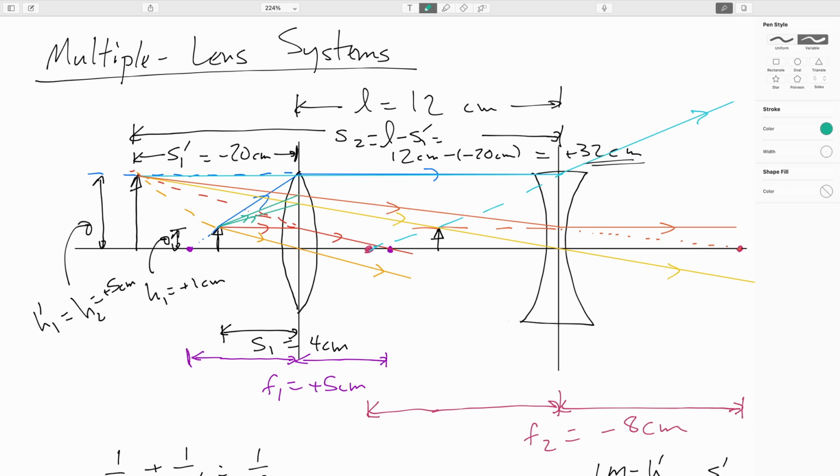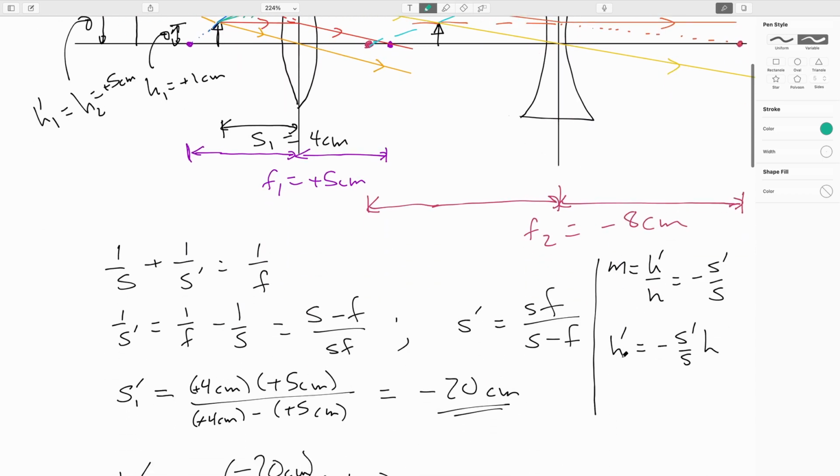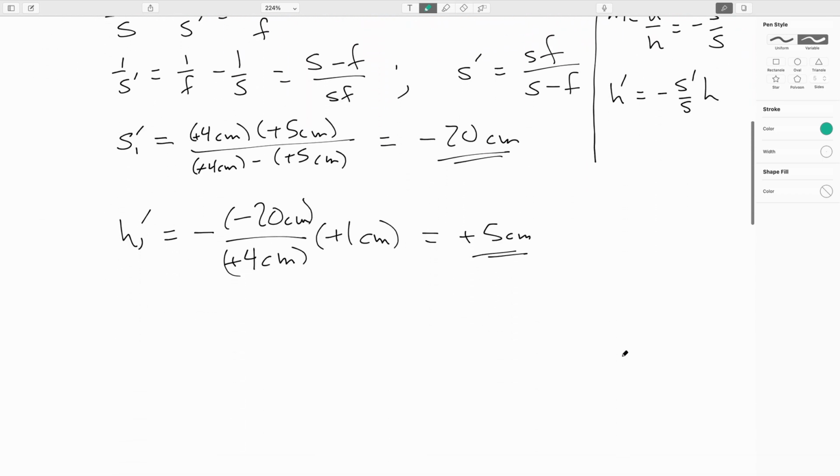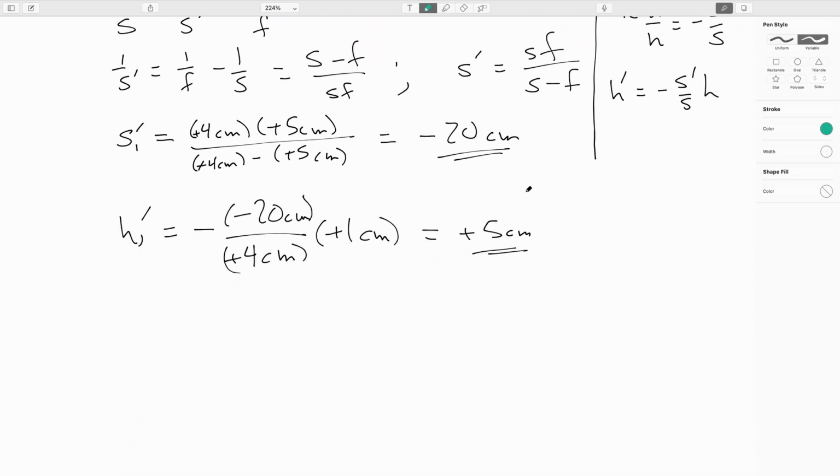All right, so with that, we can go ahead and figure out our S2 prime. And we can do that by just literally recycling that result right there, just being careful about our S1 prime distance. So S2 prime is going to be our new object distance, which was plus 32 centimeters, because remember, we were measuring from in front of lens number 2. The focal length is -8 centimeters, subbing into there.